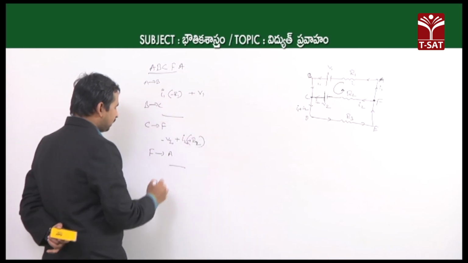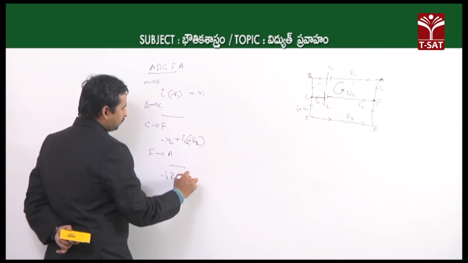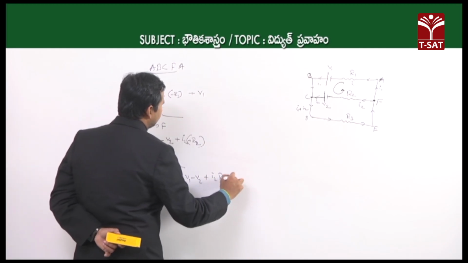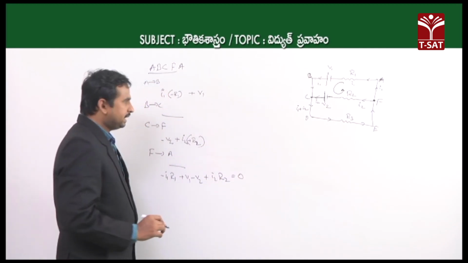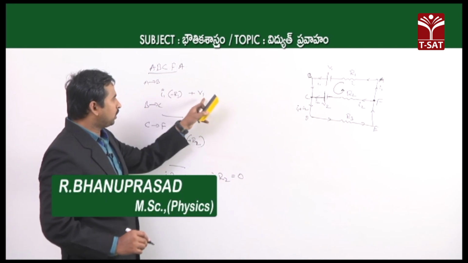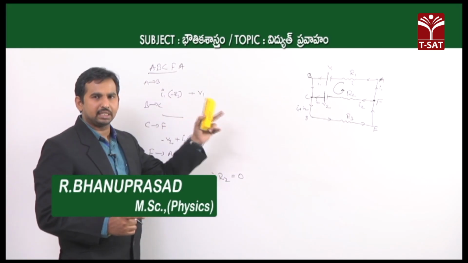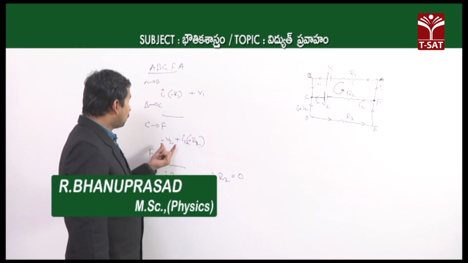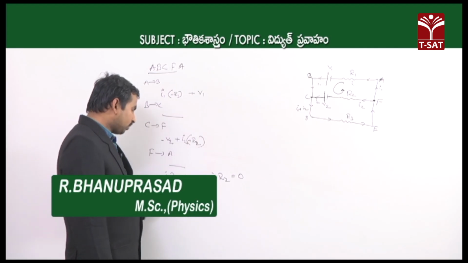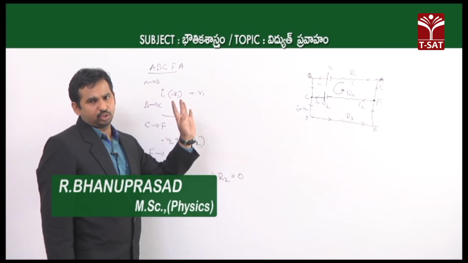If you add all of this, minus I1 R1 plus V1 minus V2 plus I2 R2 is equal to 0. This is our Kirchhoff second law, which is minus I1 R1 plus V1 between A to B, and between C to F again the electric components are present. Then we got minus V2 plus I2 R2, so minus I1 R1 plus V1 minus V2 plus I2 R2 is equal to 0.